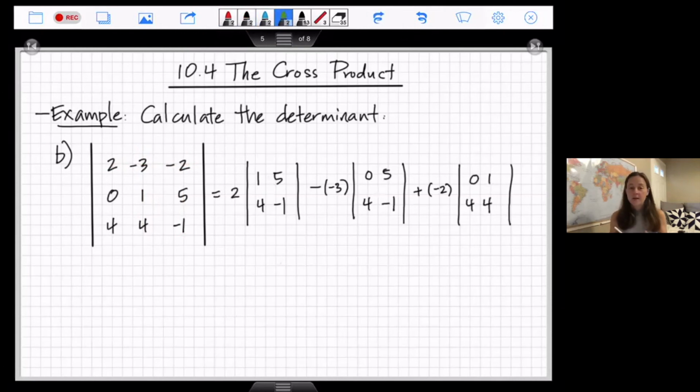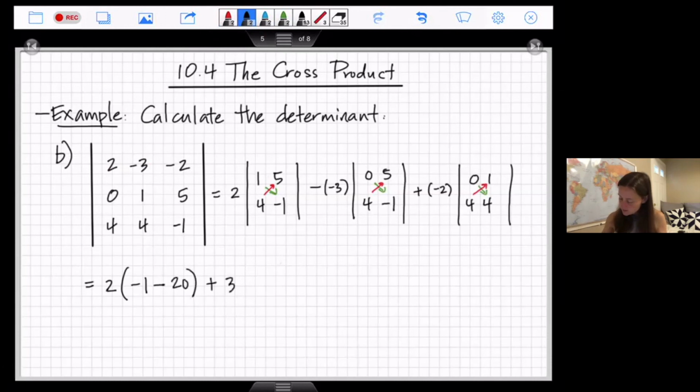All right. And again, for our little 2 by 2 determinants, we're just going to multiply in the green direction and subtract multiplying in the red direction. All right, arithmetic, 2 times. Multiplying in the green direction, I get -1. And then minus 4 times 5 is 20.